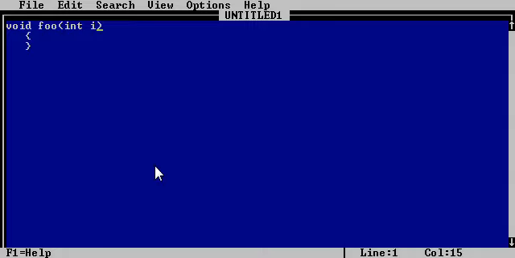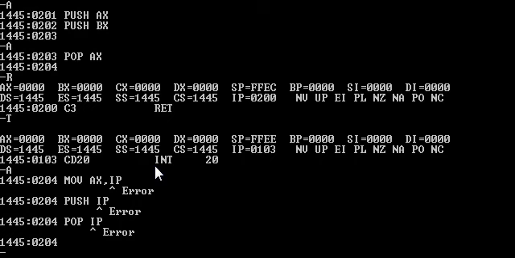Basically, something gets pushed onto the stack, and foo here knows it's on the stack because we told it it's on the stack, and somehow retrieves it.